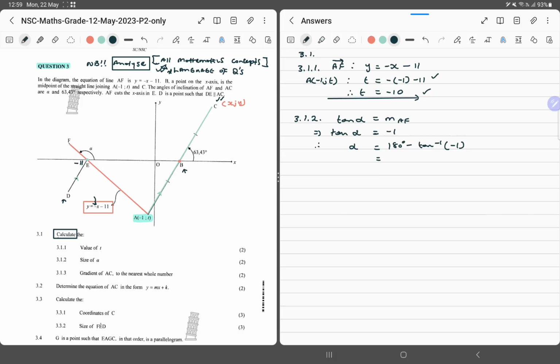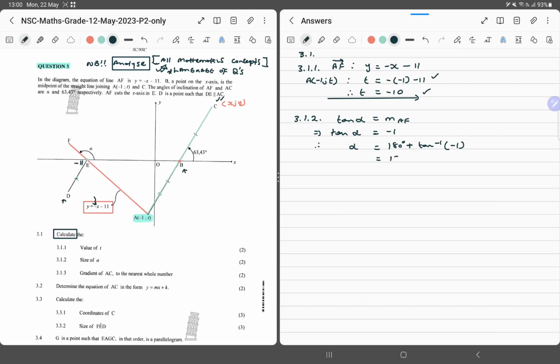Okay, if we're going to put a minus inside, it must be a plus here, okay? Or if you put a negative there, you're going to put a positive inside, okay? Yeah, 180 plus shift tan minus 1.